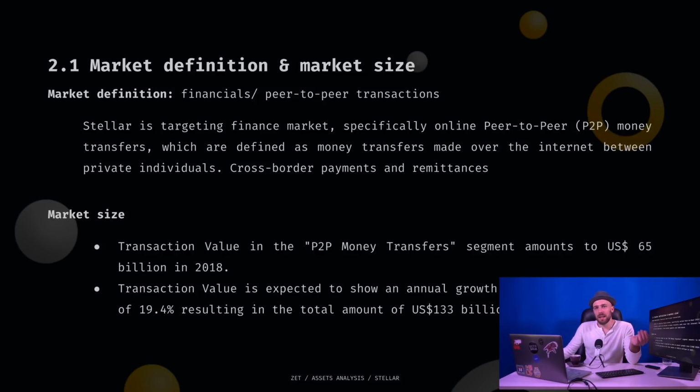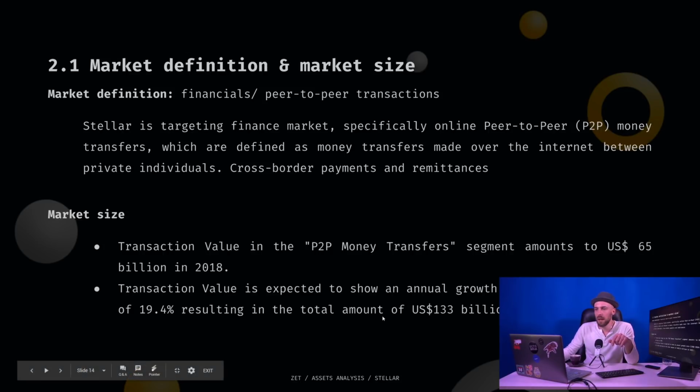And you understand its advantages, but other advantages we're going to talk about right now. We're going to talk about market definition, market size, and you're going to see what potential there is for Stellar in the market right now.